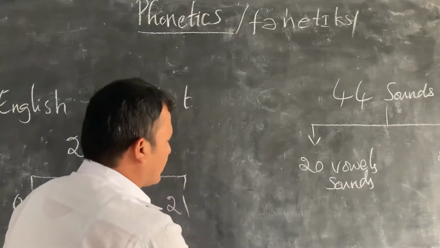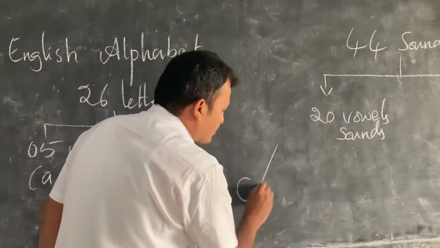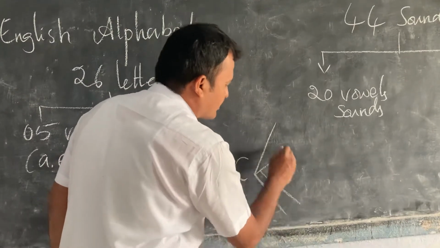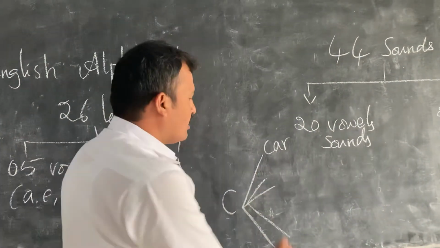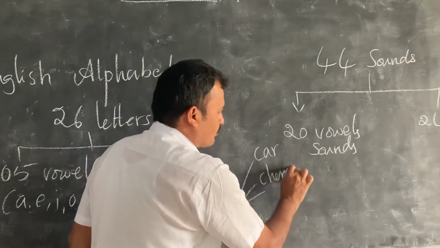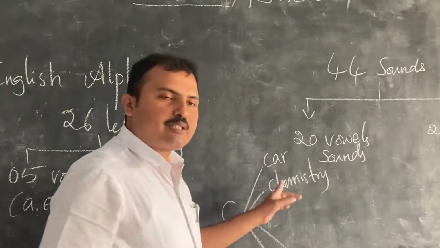Like for example, if you take the letter C, it is used for many sounds, like the sound ka in the word car, and chemistry, the aspirated ka.